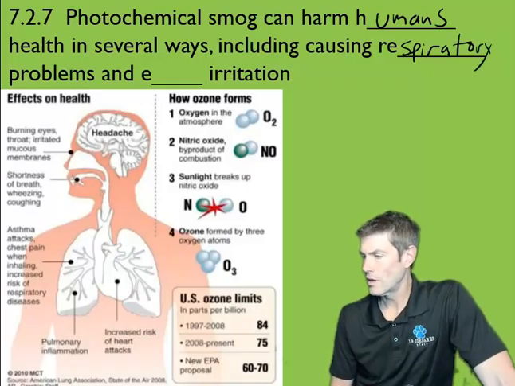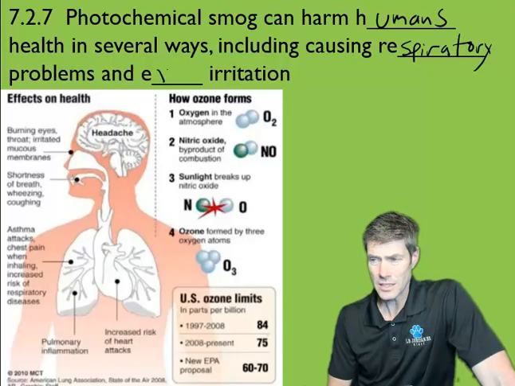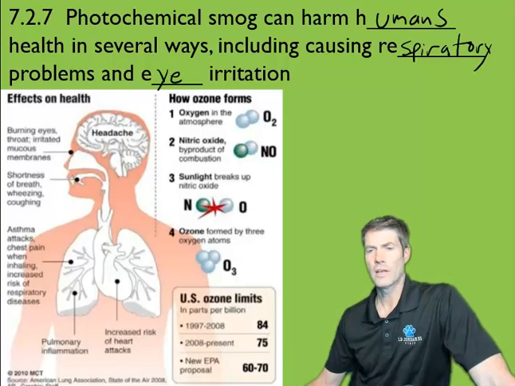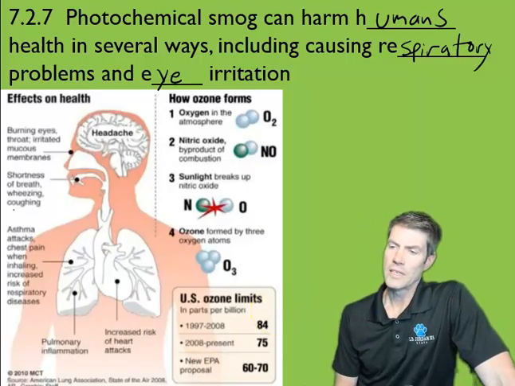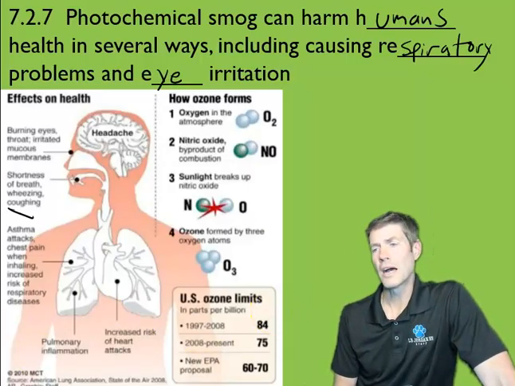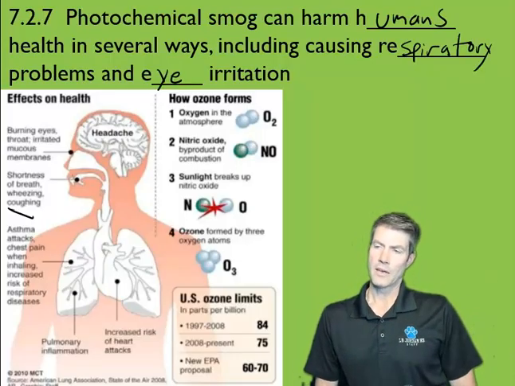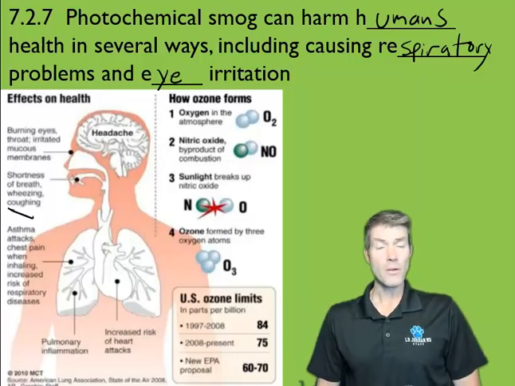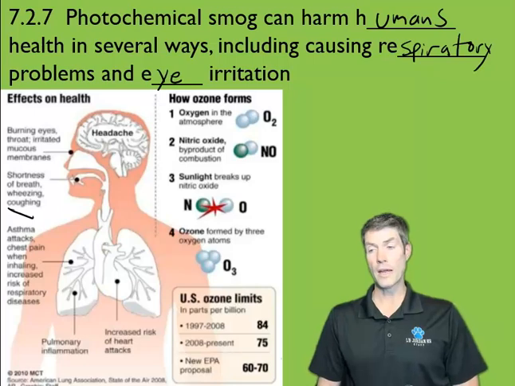The tissues in your lungs can be quite sensitive, and also your eyes. Your eyes are sensitive, so you're going to have a lot of eye irritation. Okay, so coughing, wheezing. We've all seen people struggle coughing and wheezing, whether or not you have asthma. It can cause these issues. Maybe your eyes have even burned some days, maybe when the pollution was high and you didn't quite know it yet.